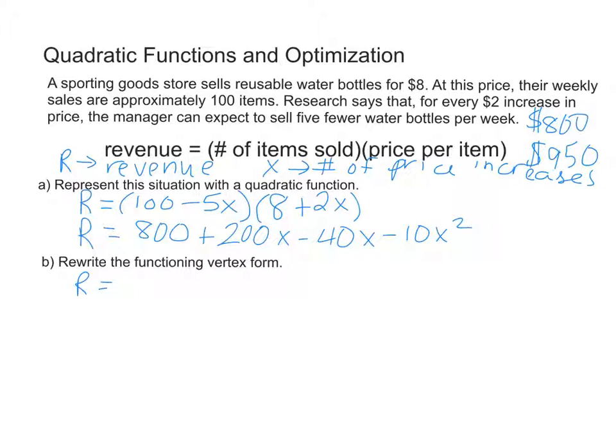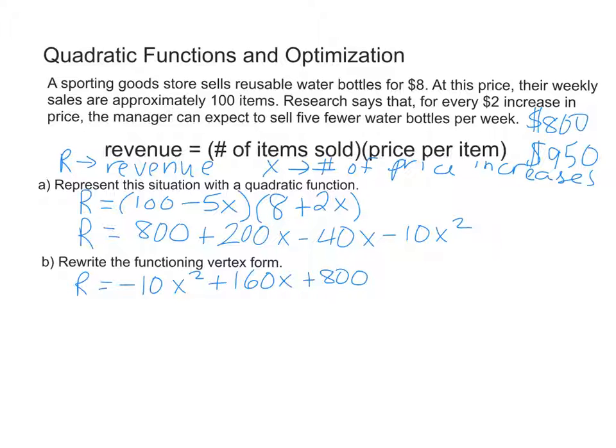It started out in factored form, well, sort of. It's partially factored form, which we don't really use a lot. I want to expand it and put it first in standard form. So that's going to be negative 10x squared. I'll combine the x's, so I get plus 160x plus 800.